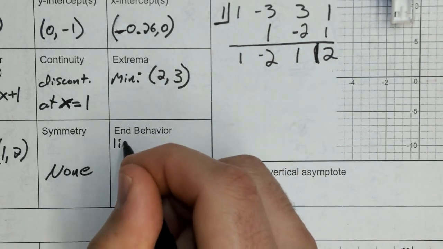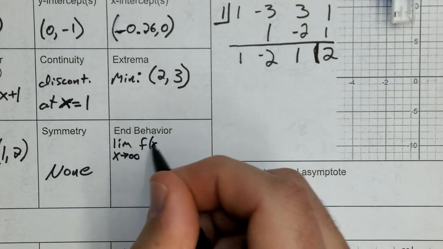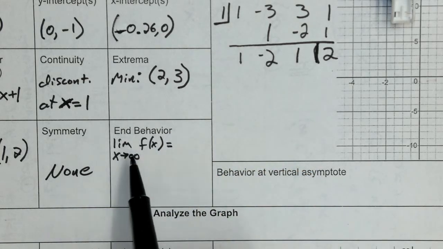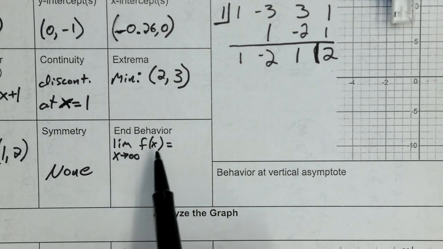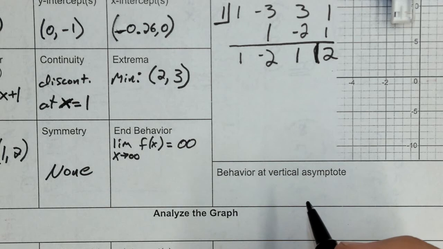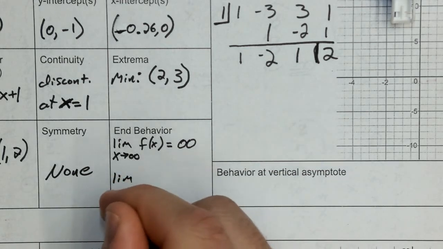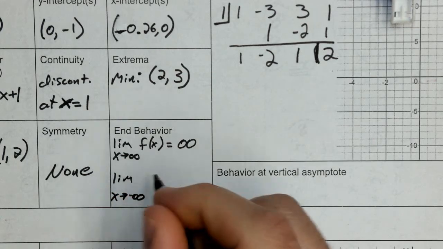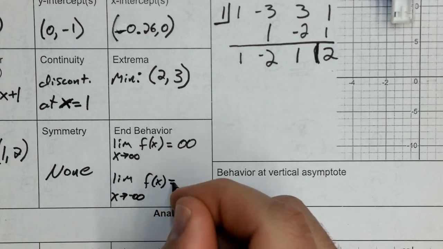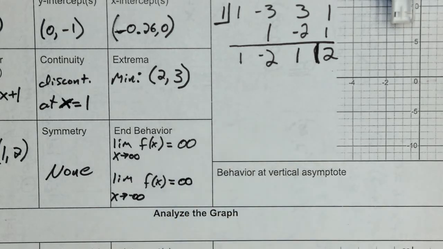So we write the limit as x approaches infinity of f of x. As we go to the right on the x's, what are the y values doing? They're going to positive infinity. As I go in the other direction, as x approaches negative infinity of f of x, the graph is going up, so I get positive infinity.